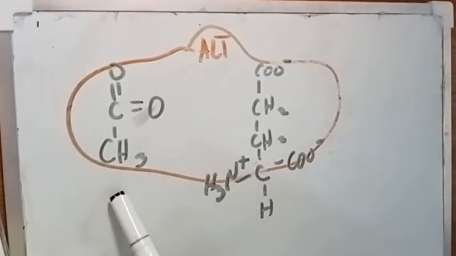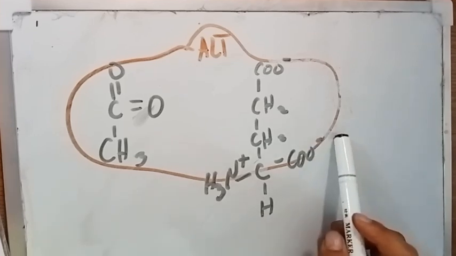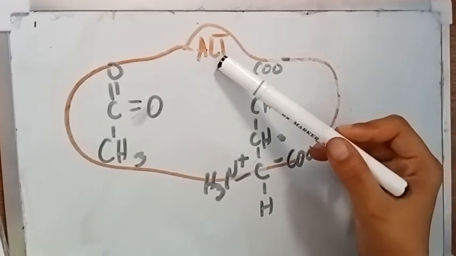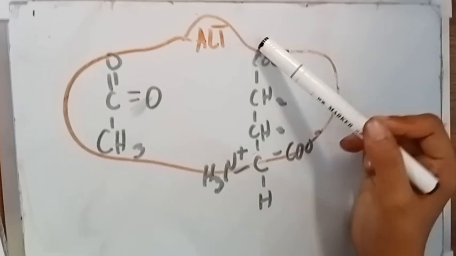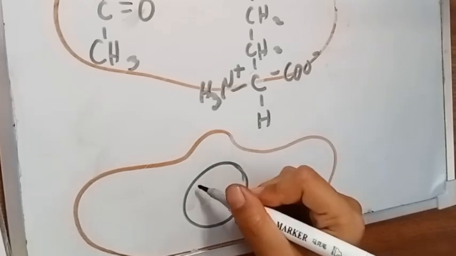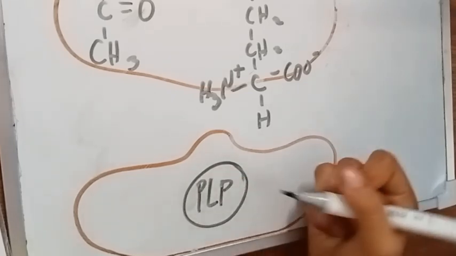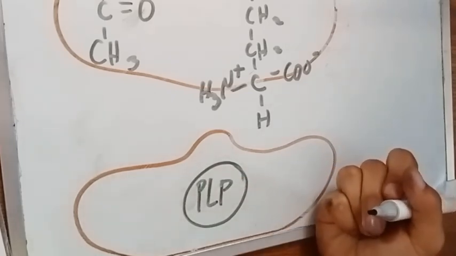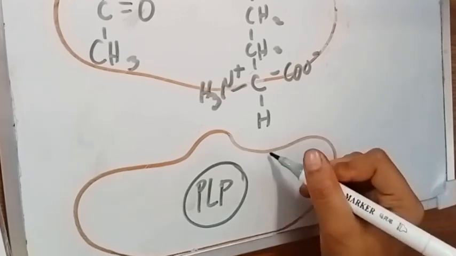So the pyruvate and the glutamate enter the active site of alanine aminotransferase, and then the enzyme uses vitamin B6 in the form of PLP or pyridoxal phosphate as a temporary holder.